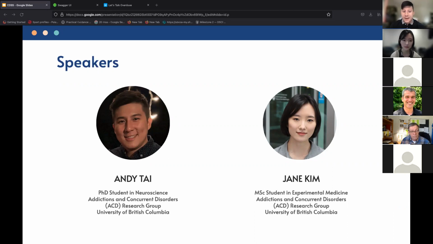My research has focused on elucidating high risk factors amongst the vulnerable population, specifically utilizing data from the British Columbia provincial overdose cohort, and feeding that data into a machine learning algorithm to figure out what are the high risk factors and trying to create a tool.